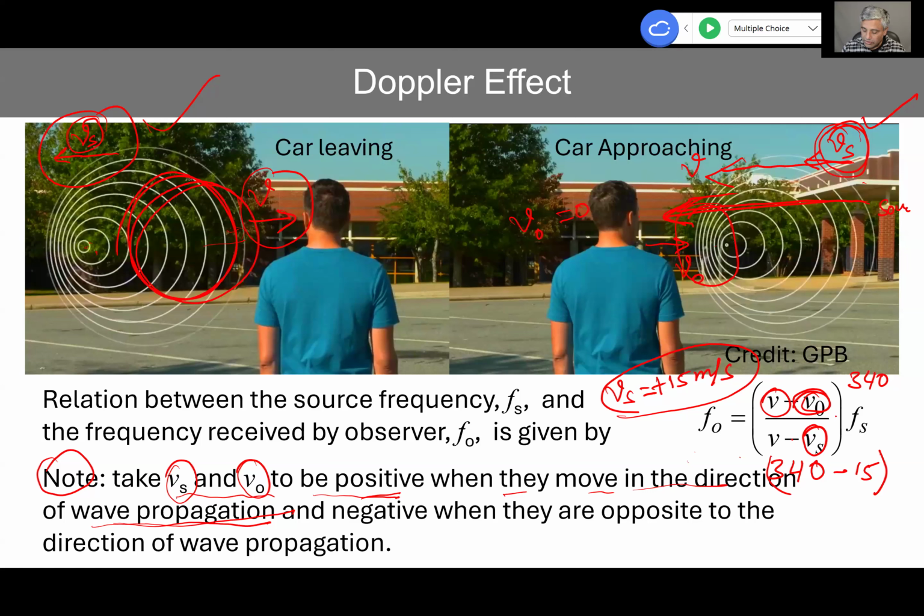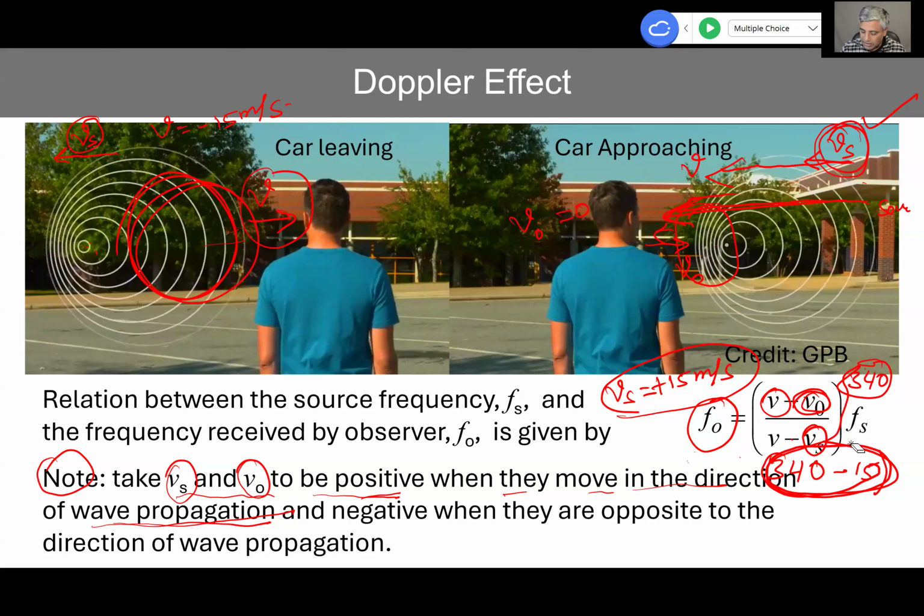So now you can see this is smaller than 340. That means this ratio is going to be larger than 1, which means the frequency observed by this observer is going to be larger. And exactly the opposite happens here. Over here, V is negative 15 meters per second.